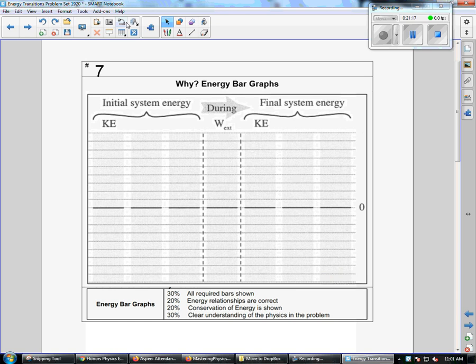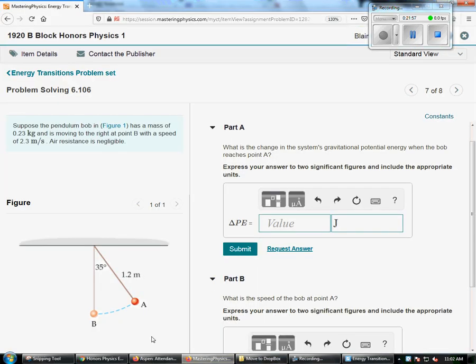So let's grab some. We have PE grav. All right, so where do we want to say gravitational potential energy is 0?